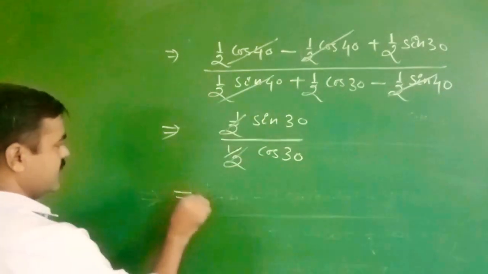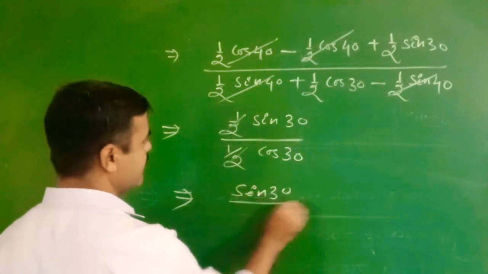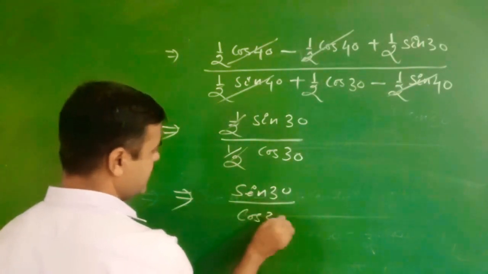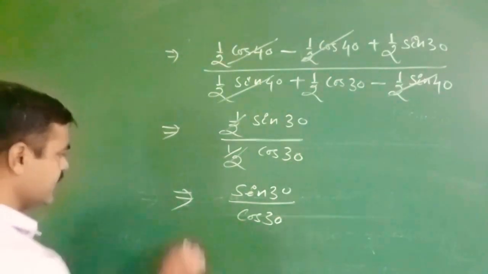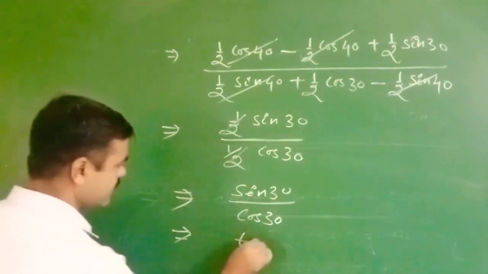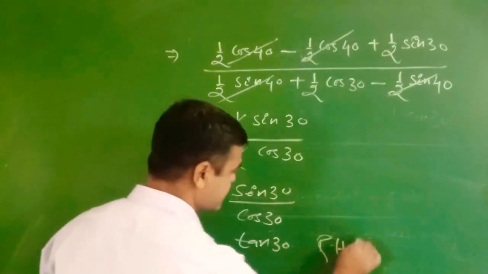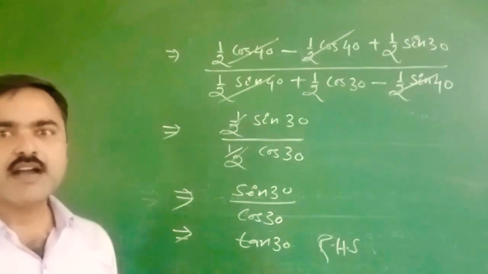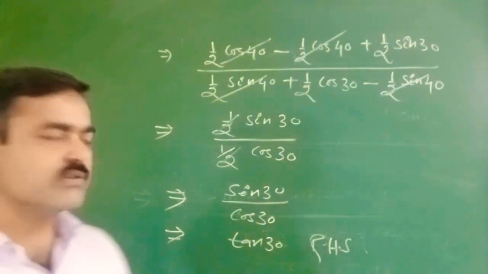So the remaining terms are sin 30 divided by cos 30, and you know sin theta upon cos theta equals tan theta. So this is equal to tan 30, and this was the RHS. Hence, I hope everyone is clear about this question.